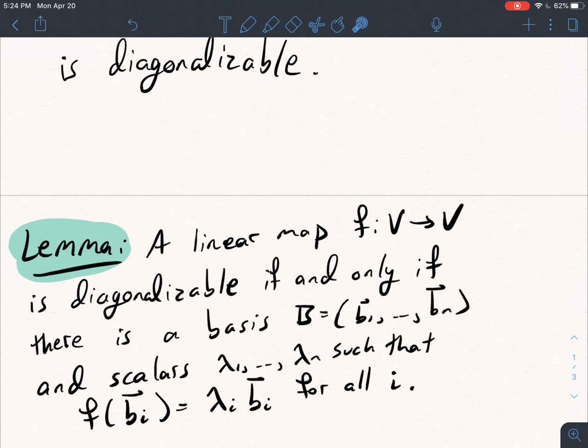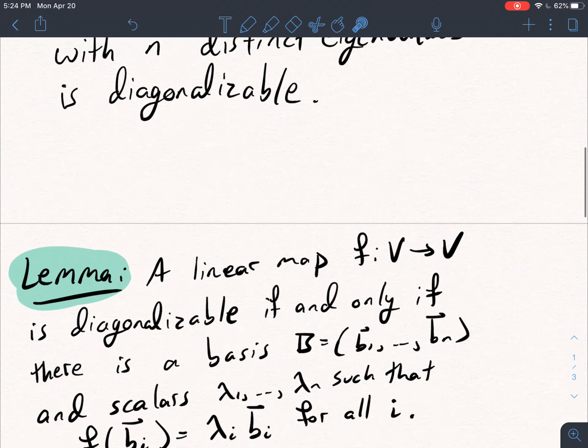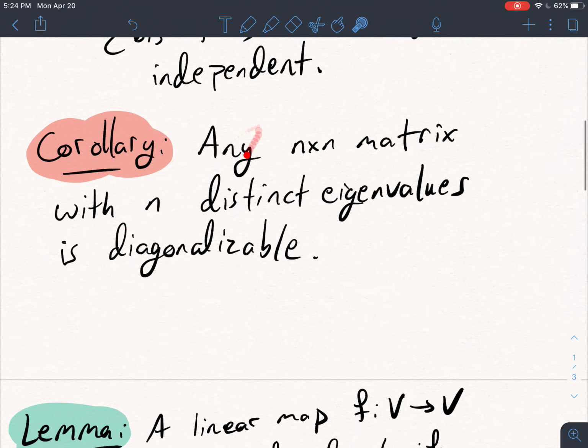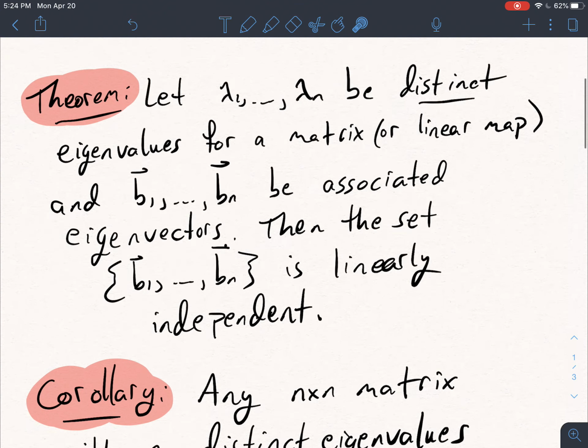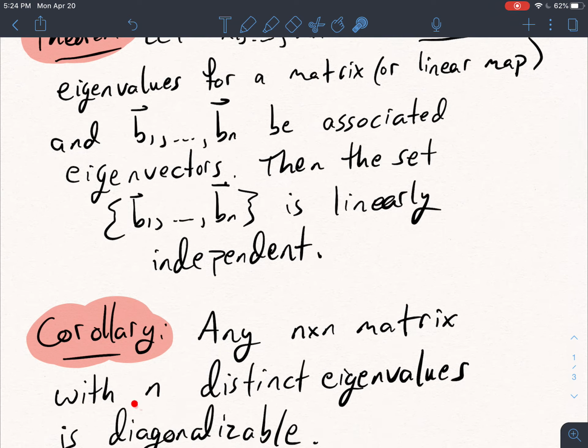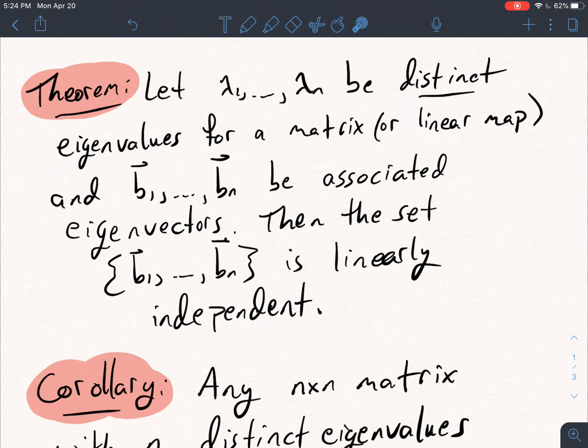I could rephrase this to say that a map or a matrix is diagonalizable if and only if there's a basis for V or Rn or whatever consisting of eigenvectors corresponding to some eigenvalues. So in particular, this set has to be linearly independent and span the entire space. Being linearly independent is, for this corollary, covered by this theorem.